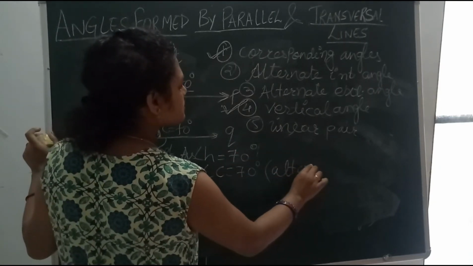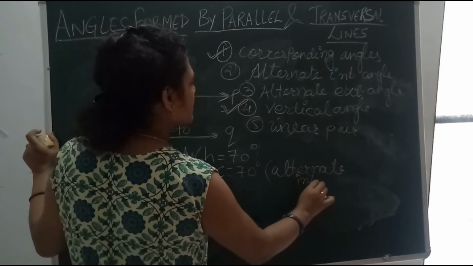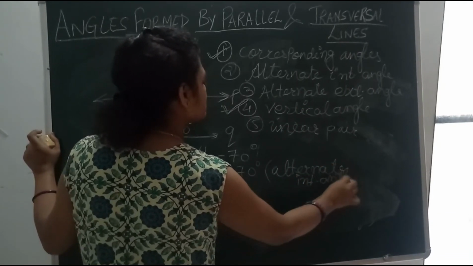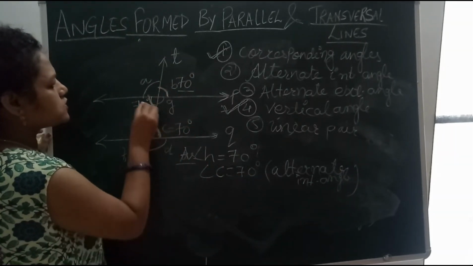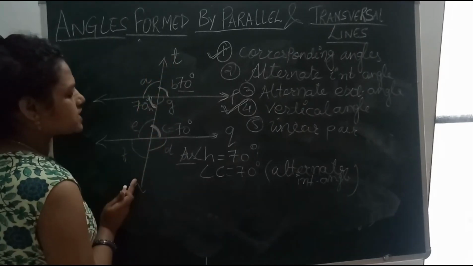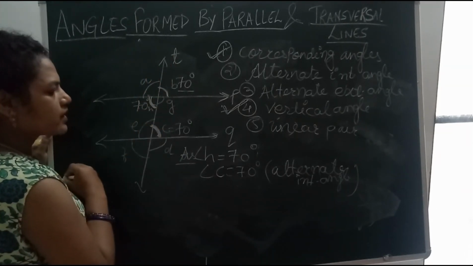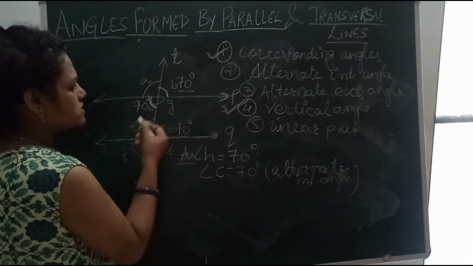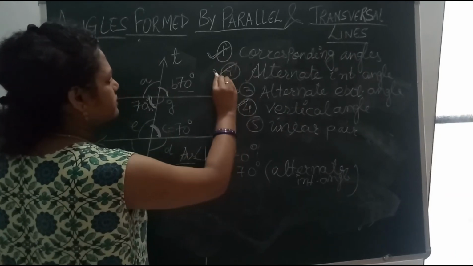Alternate interior angle you got, right? When these two angles are equal, between these two parallel lines and on the opposite side of the transversal, they are your alternate angles. Got? We will find these two also, then it will be clear to you. Okay, alternate interior.